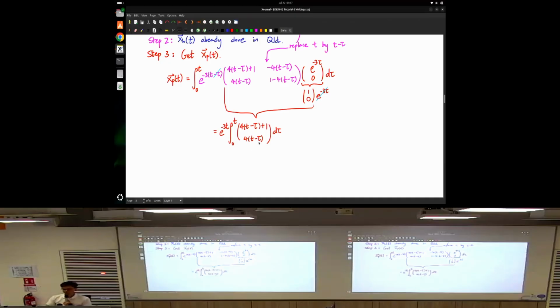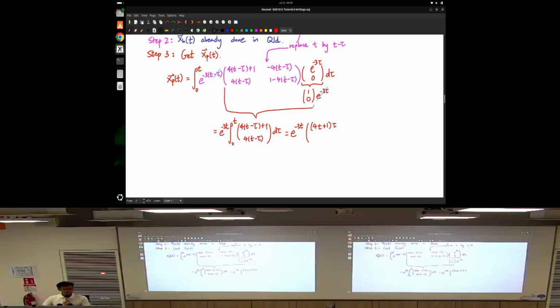Then you see this one is like chicken feed to integrate. So therefore, let me write. So this will be e to the minus 3t, just integrate. So this is 4(t minus tau) plus 1, right? Correct. So it's basically 4t minus 4 tau. So you can write it as (4t plus 1) tau.